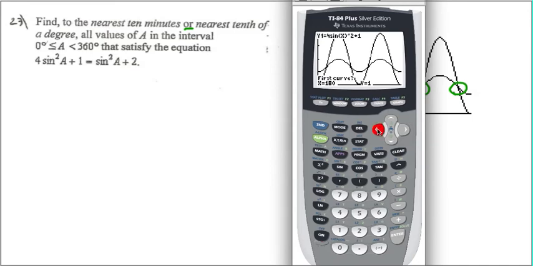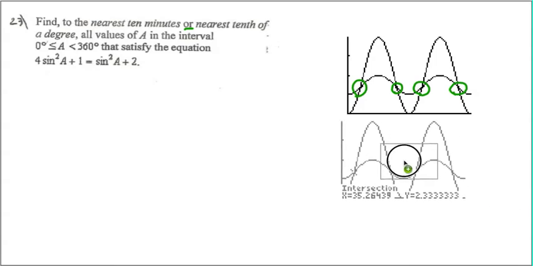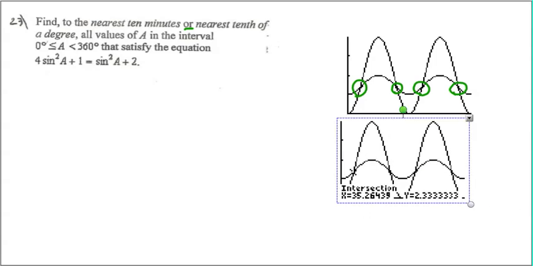First curve, let's come closer to where we want to find the intersection. Alright, that's the first curve. Second curve. Guess? Yes. So the first angle was 35.3 degrees.